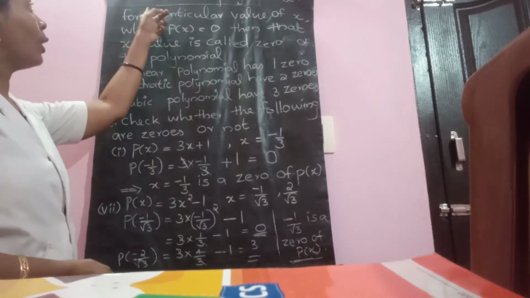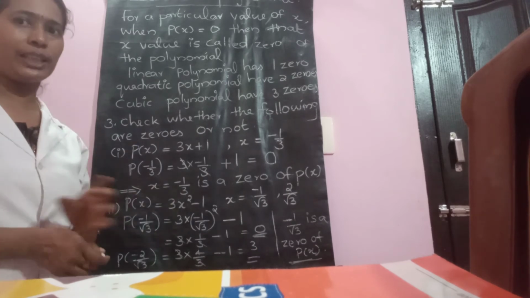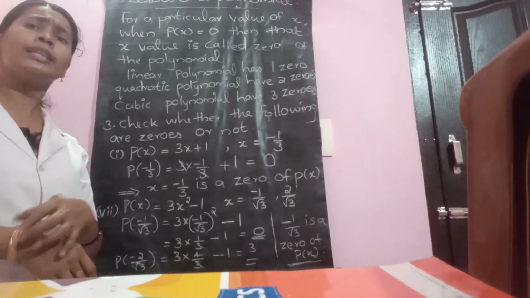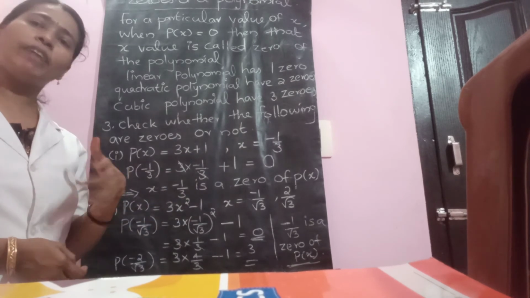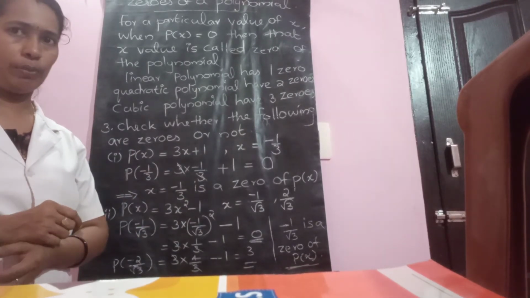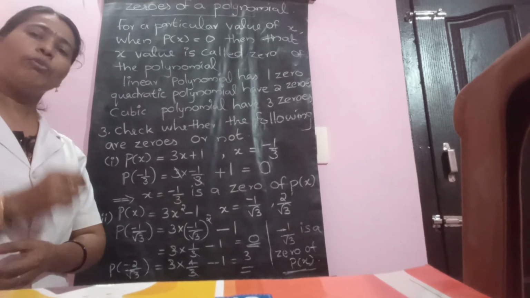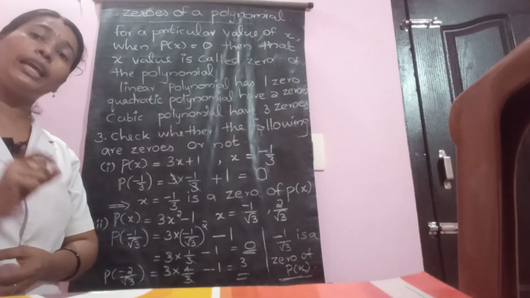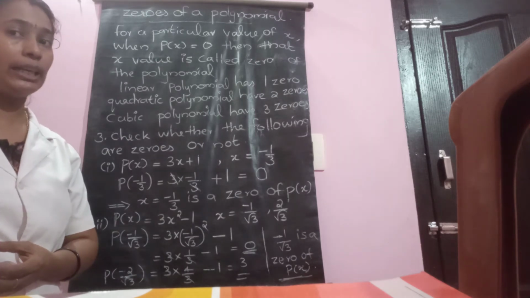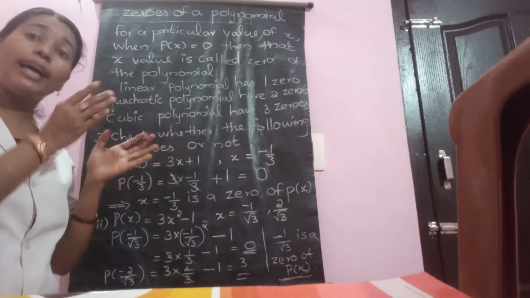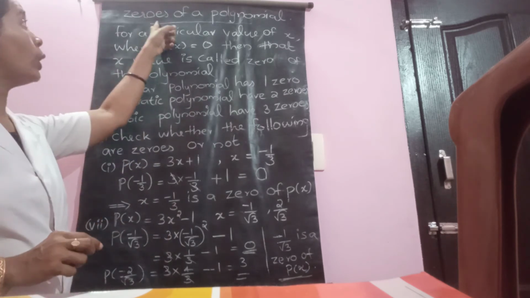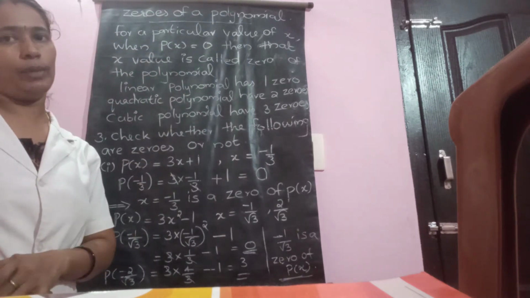Okay, zeros of a polynomial. Now we studied how to find the value of a polynomial. By substituting some values for x, we will get values of the polynomial, isn't it? Suppose the value of the polynomial is 0, then that x value is called a zero of the polynomial.